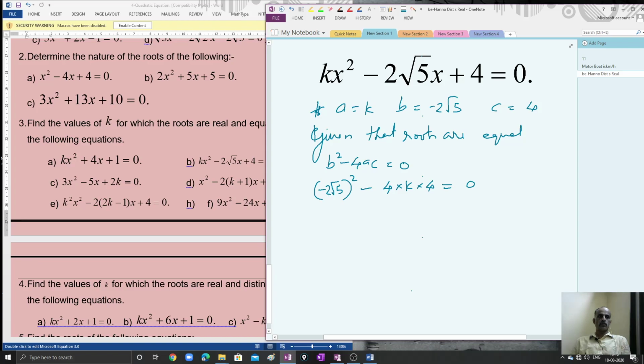That means this will be 5 fours, 20 minus 16k is equal to 0. That means 16k is equal to 20, or k is equal to 20 by 16. That means 5 by 4 is the answer.